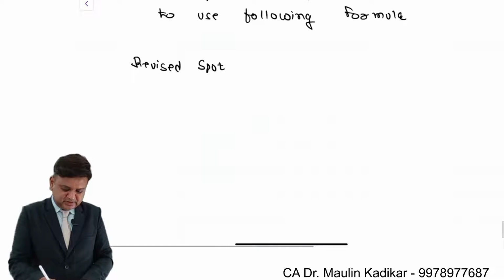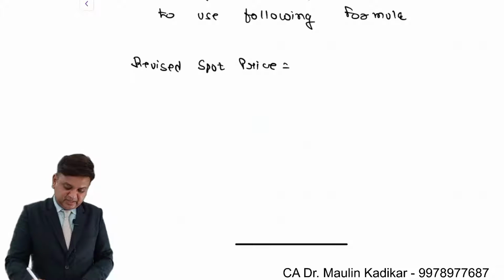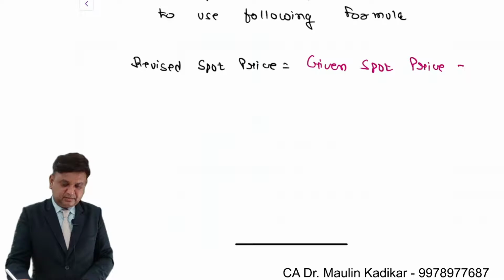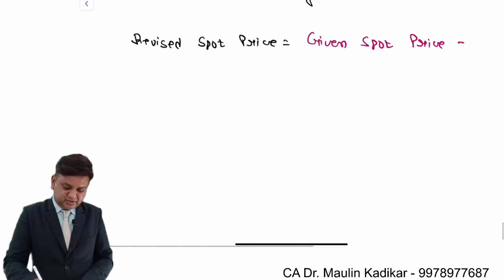Revised spot price is equal to given spot price minus dividend per share into e raised to negative RF into t.